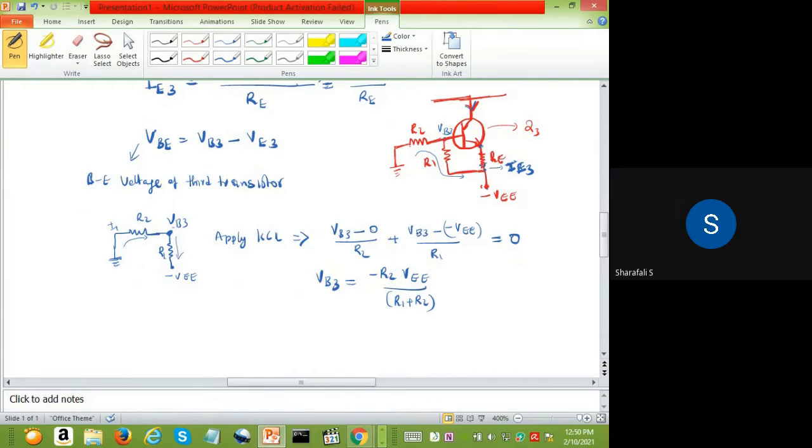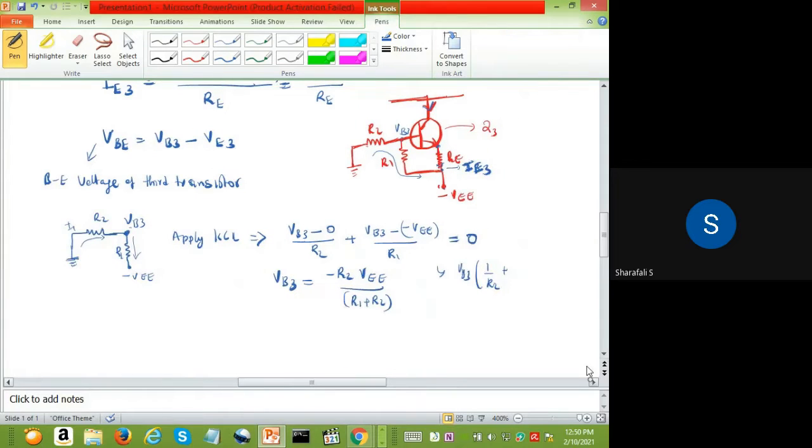VB3 is common in both terms, so you take VB3 as common, and then we will have 1 by R2 plus 1 by R1, plus VEE by R1.